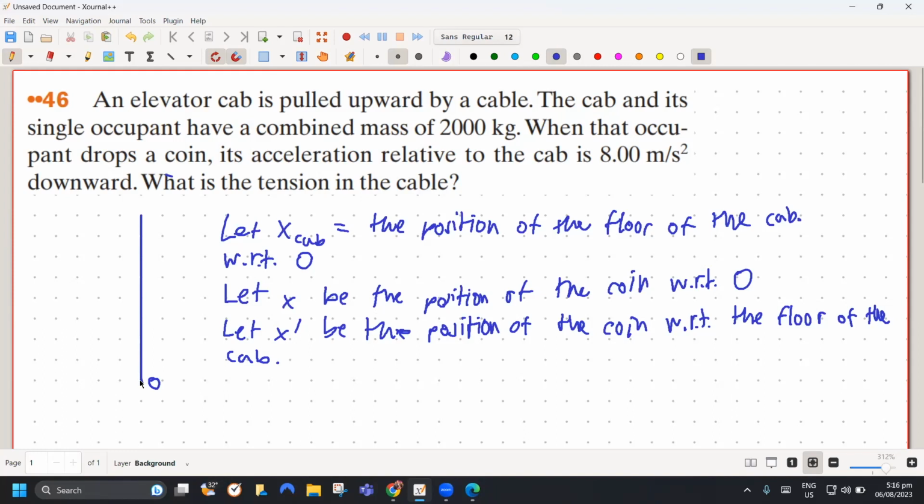So from origin to X cab, may vector ka, pointing to X cab. So dapat kasing level lang ng X cab.